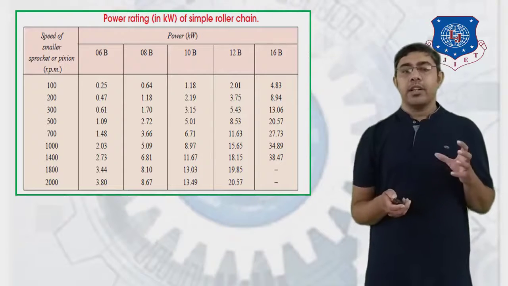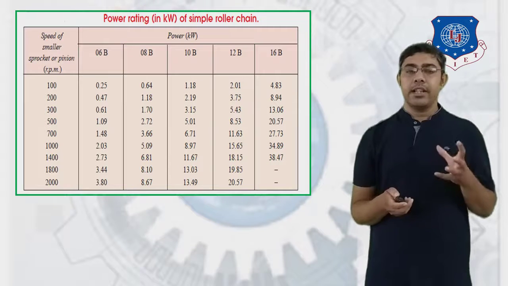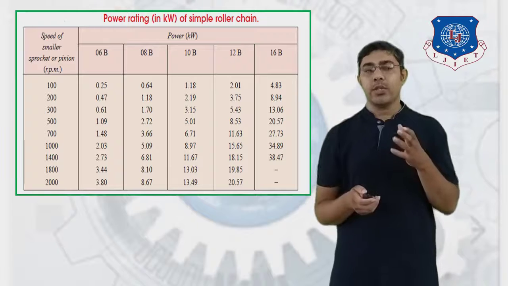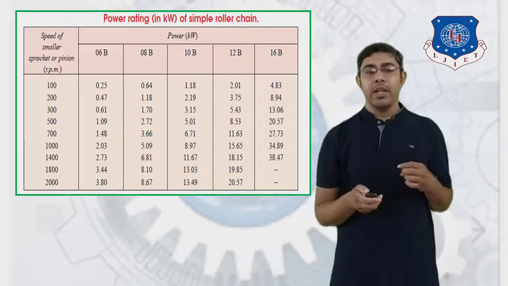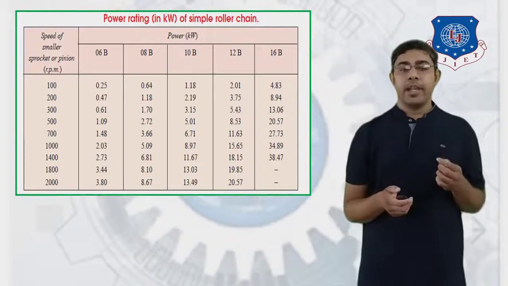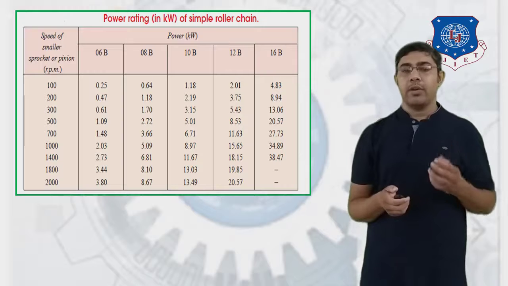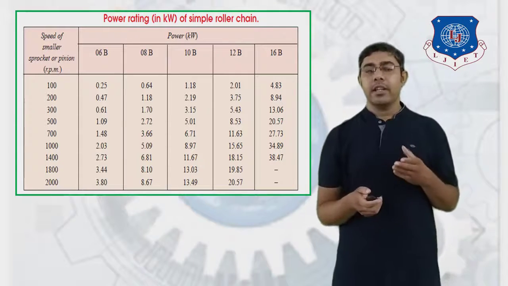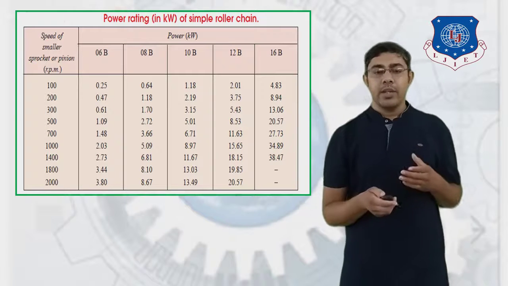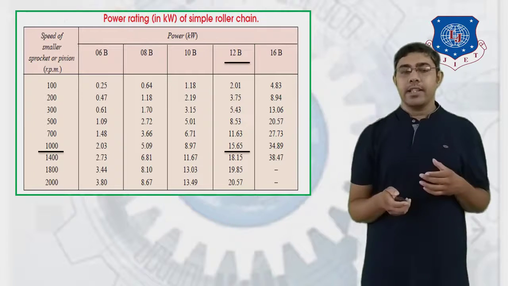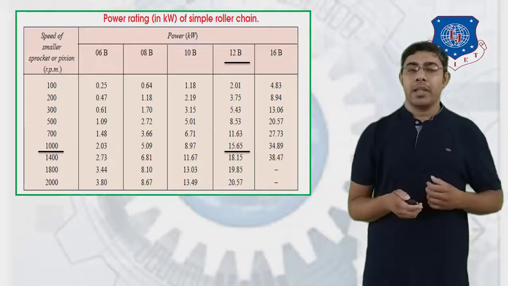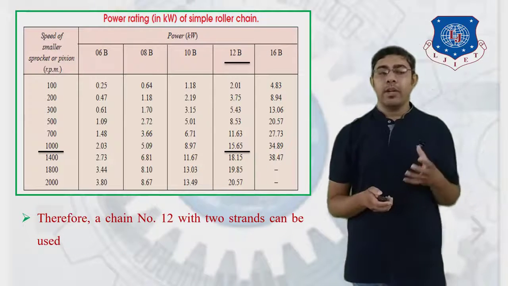Next is the power rating of simple roller chain. Here we can see the tables. Here you can look up the speed of the smallest sprocket or pinion in rpm. The pinion rpm is 1000 according to our problem, and the power rating is 15.65. According to these conditions, we take the chain type as 12B.